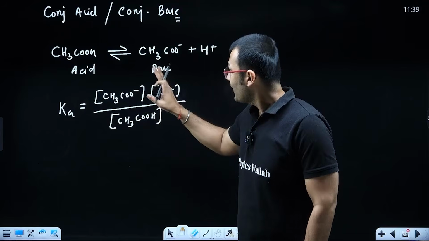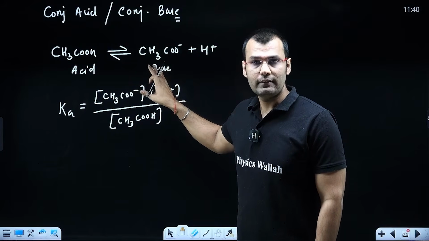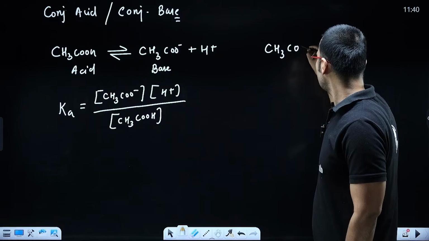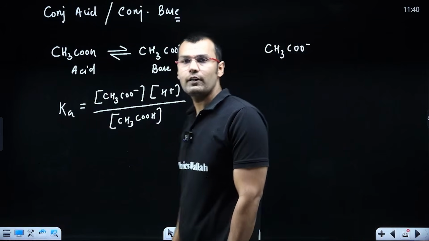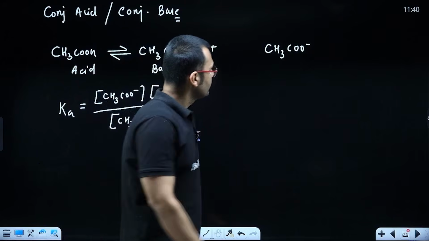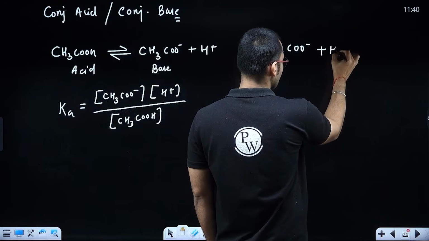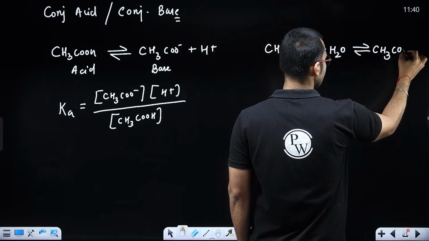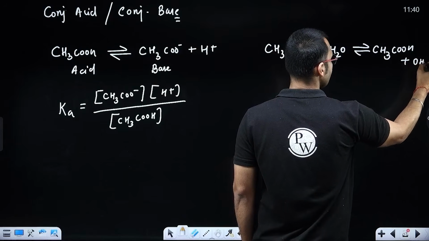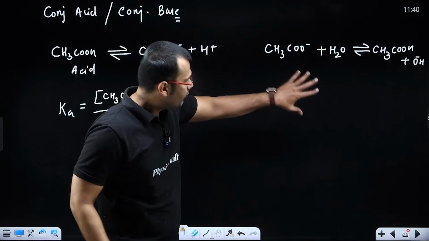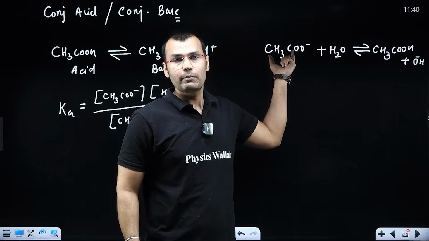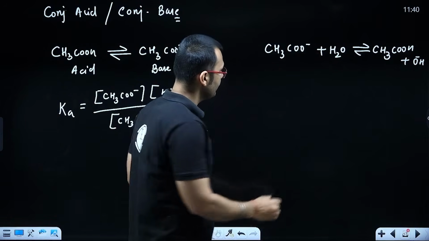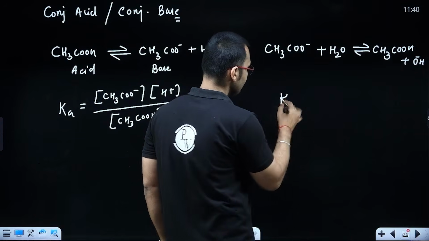So this is the expression of dissociation constant of acid, that is acetic acid. Now, for the same acid, if I consider its conjugate base, that means CH3COO minus. You know that if CH3COO minus is a base according to Bronsted, it can gain H plus from water to produce CH3COOH along with some OH minus ion. Now in this equation, this is my Bronsted base, and for this dissociation of base, if I write the dissociation constant, here I will say Kb, right?